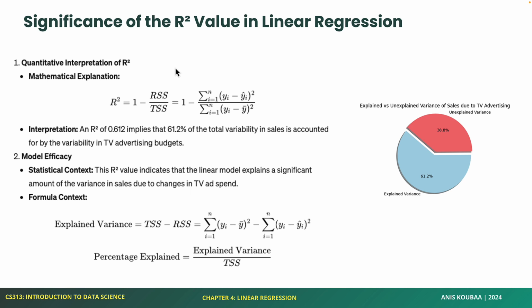It can also be written like this, so TSS can be at the top. Basically TSS minus the RSS is denoted as the ESS, which is the explained variance. Then we divide by the TSS to get this percentage.